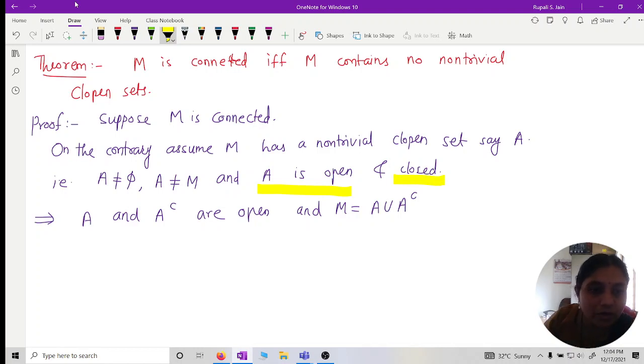Since it is closed, A complement will be open. So A and A complement are both open. But M can be written as A union A complement, right?